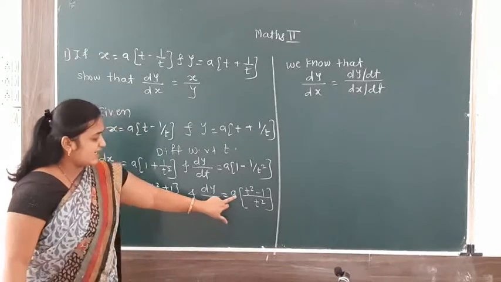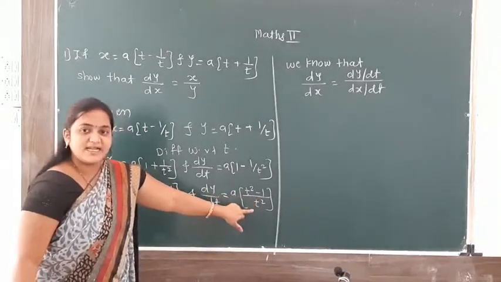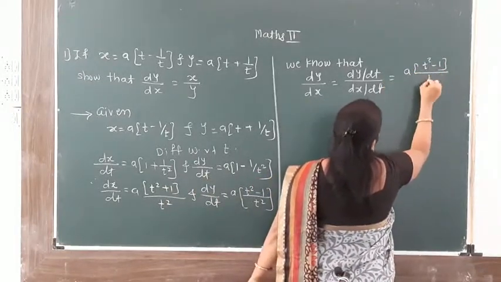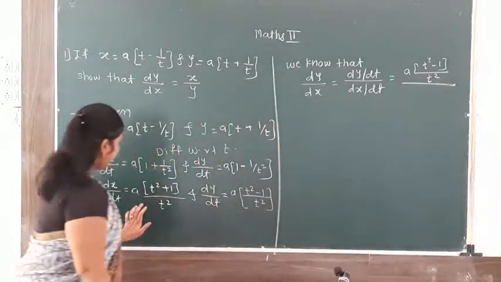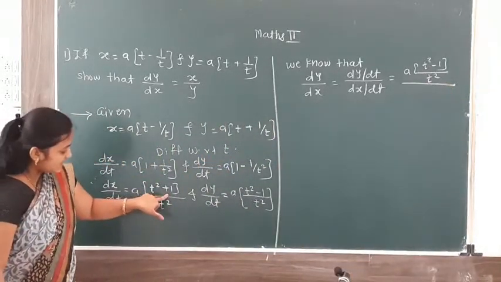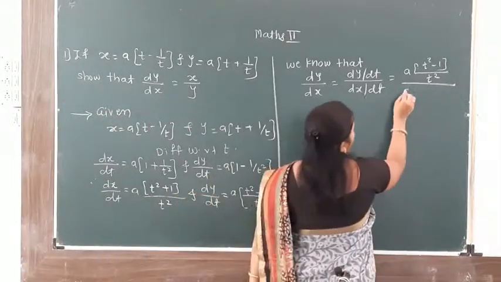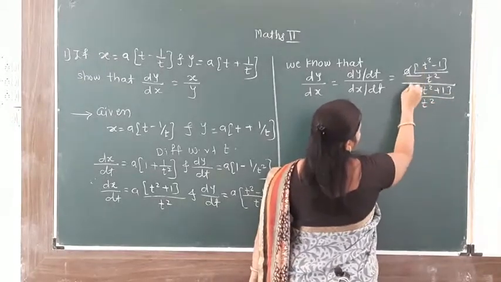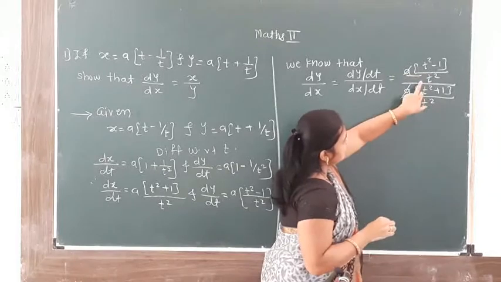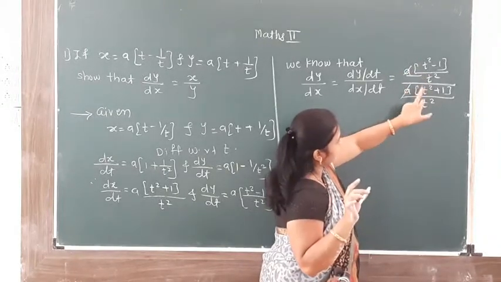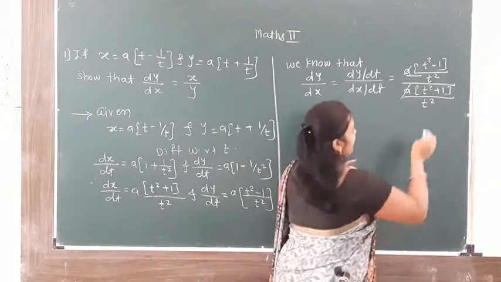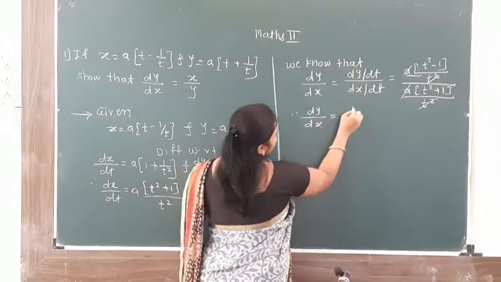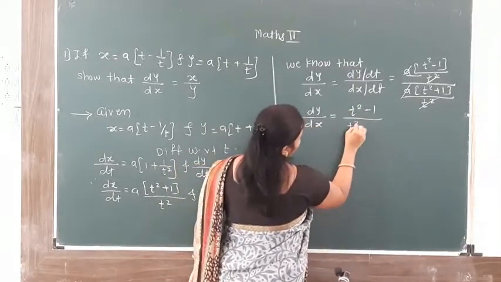So dy/dt is a(t² - 1)/t², divided by dx/dt, which is a(t² + 1)/t². Now the a term cancels out, and t² is the same in the denominators, so it cancels out. So we get dy/dx is equal to (t² - 1)/(t² + 1).